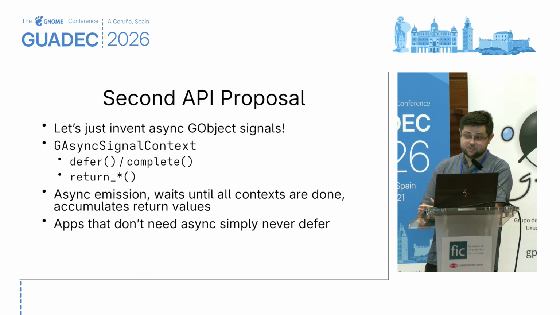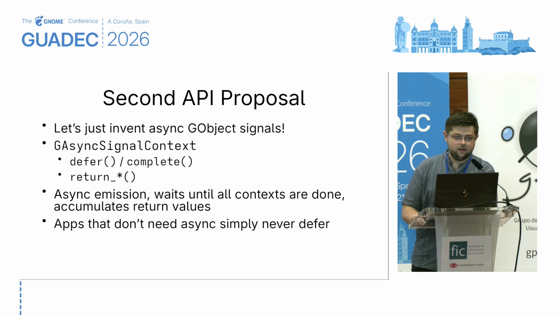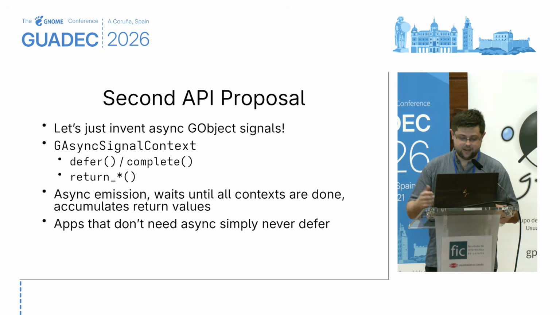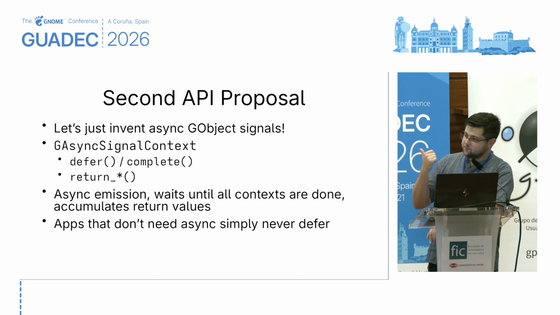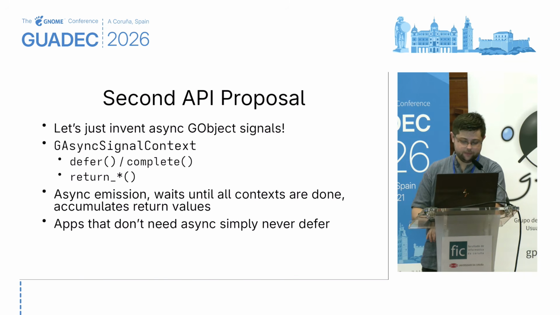The idea is it's just a signal where you give it this async signal context thingy. And if you want the signal emission to become async, you call defer. And for every call to defer, you call complete later. And it would also have some plumbing for returning values from your async signal handler. So you would call return, and this would be like GTask. So there would be return bool, return pointer, return error, and so on.